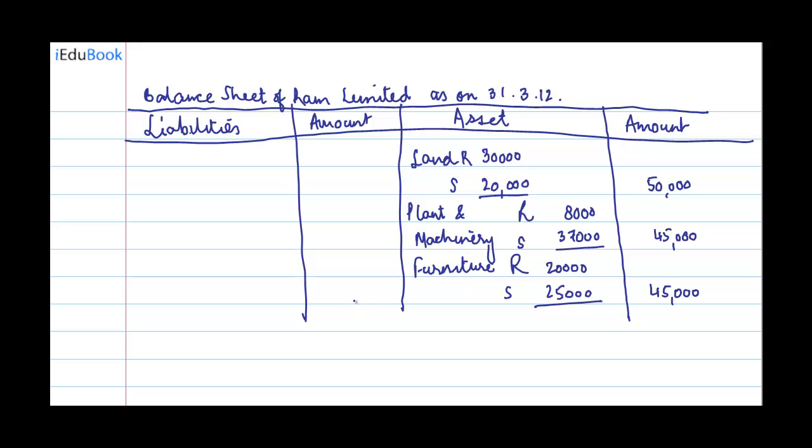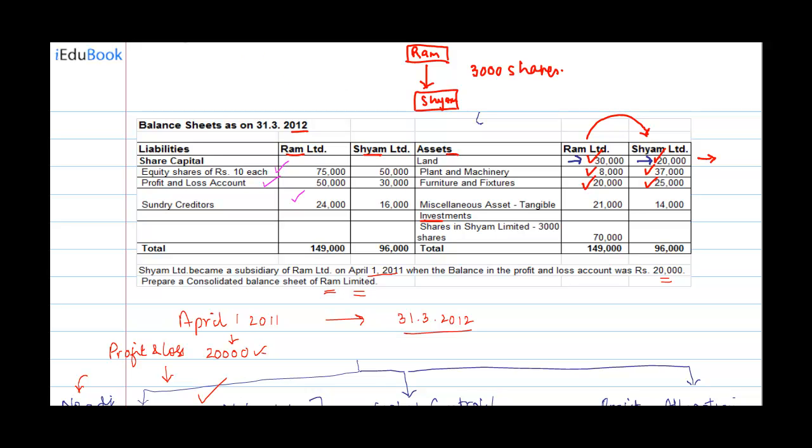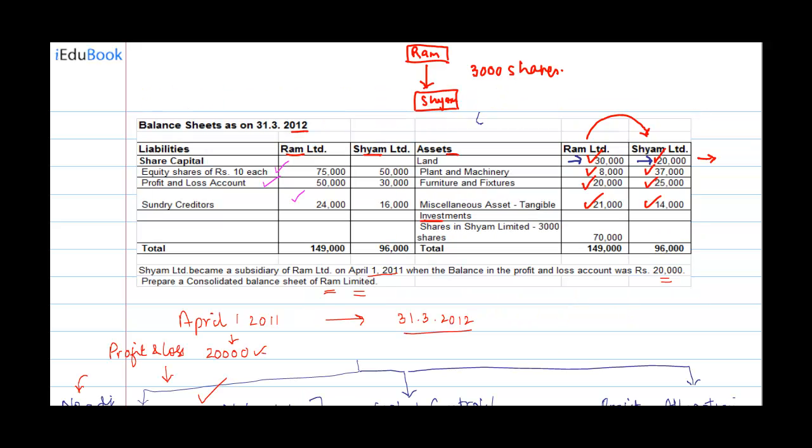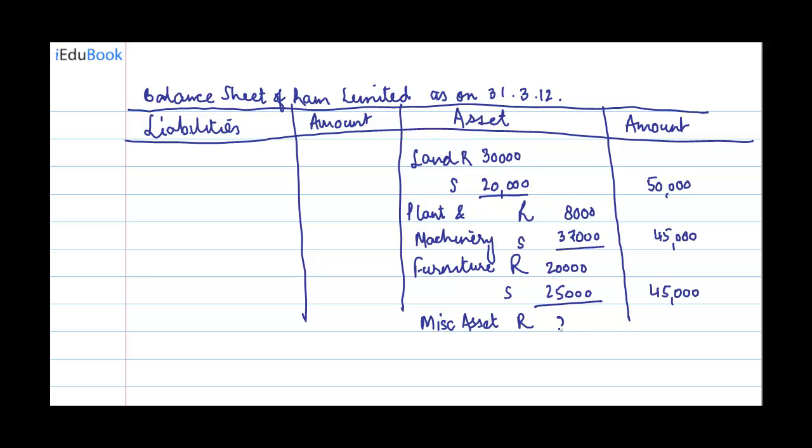It's very simple until here. Then miscellaneous assets, tangible: 21,000 and 14,000. Again no adjustment, so we just do a sum total and put it here. No rocket science, just putting in the numbers.